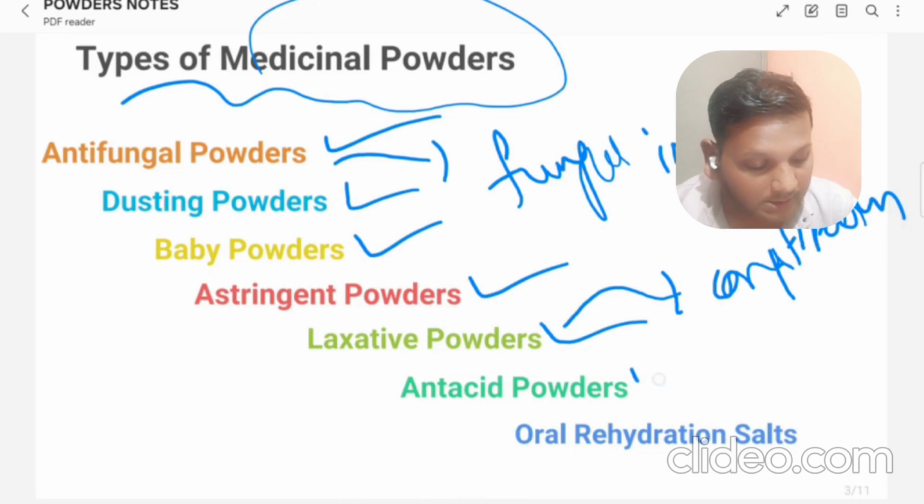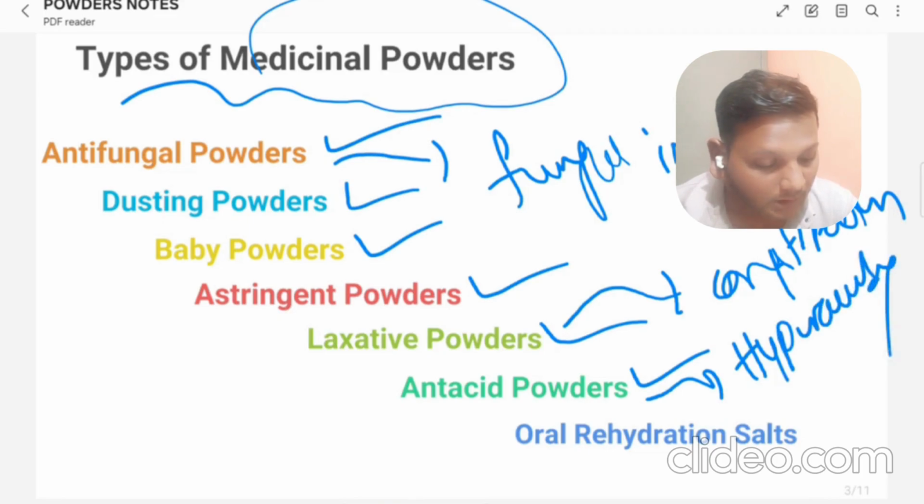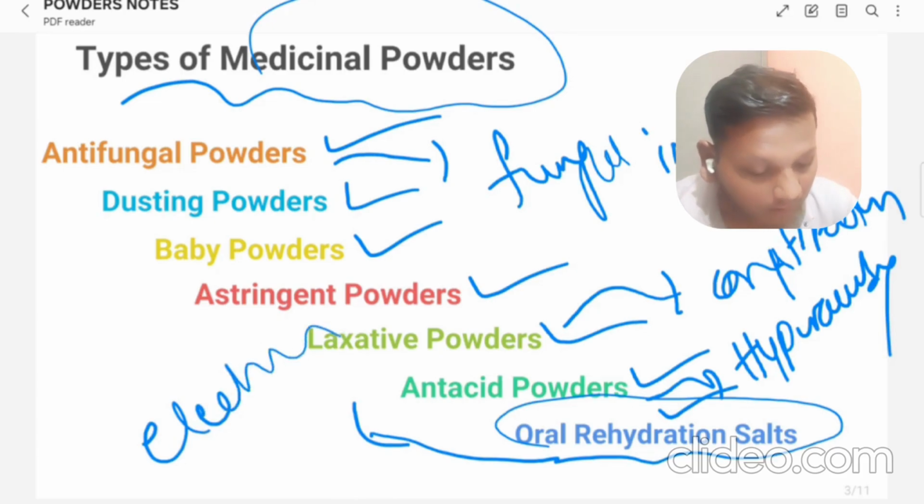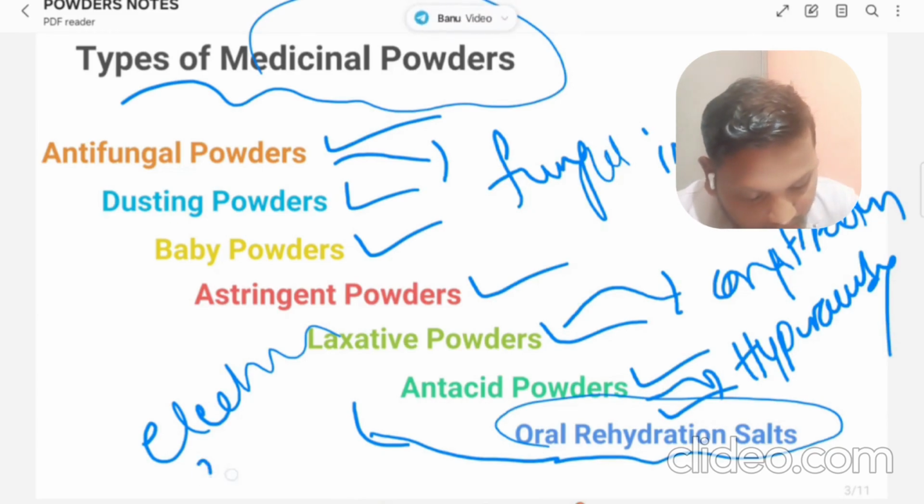Then antacid powders, which are used in hyperacidity. Then ORS powders, that is oral rehydration salts, used in electrolyte replacement therapy, that is, in case of diarrhea or vomiting there is a loss of electrolytes from the body.